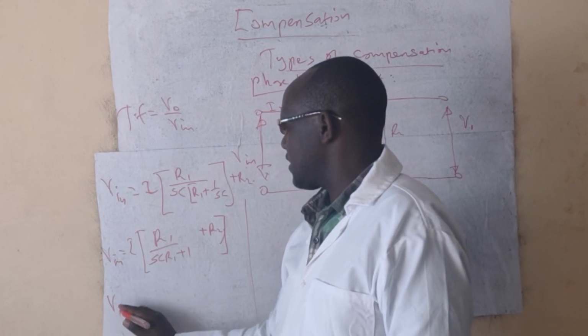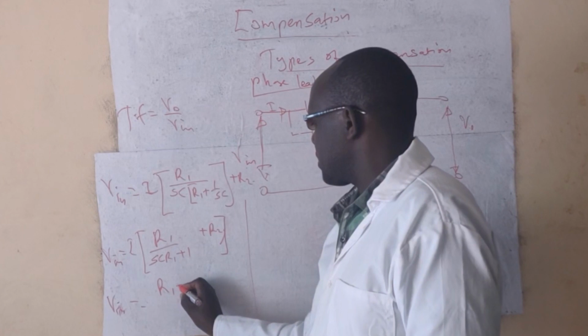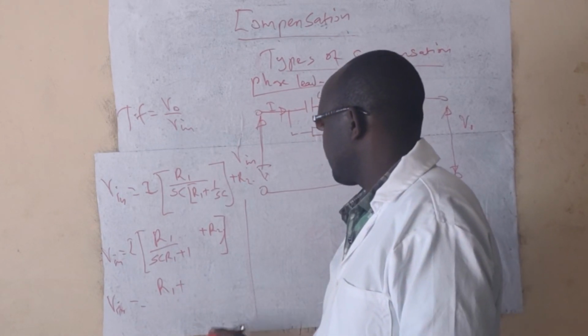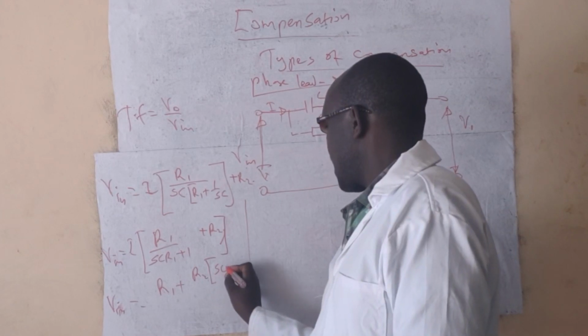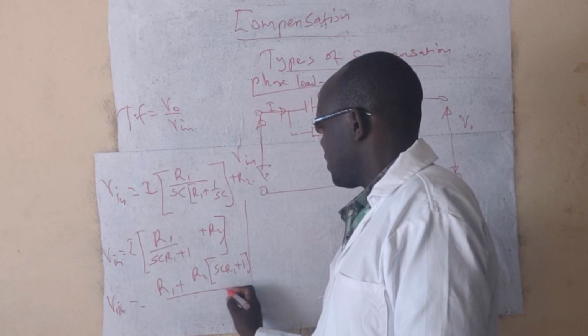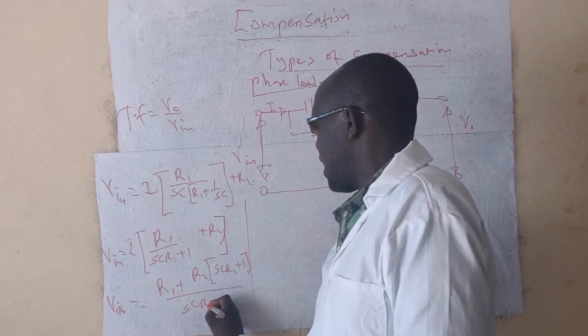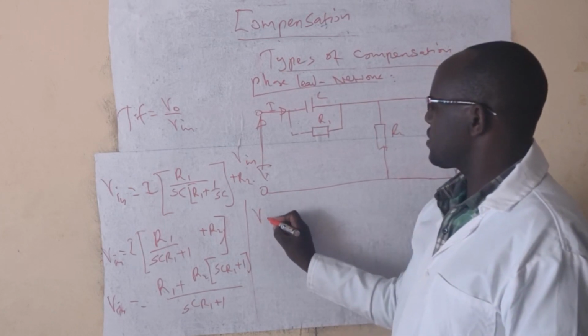V in is equal to I into R1 plus R2 into SCR1 plus 1, all over SCR1 plus 1.